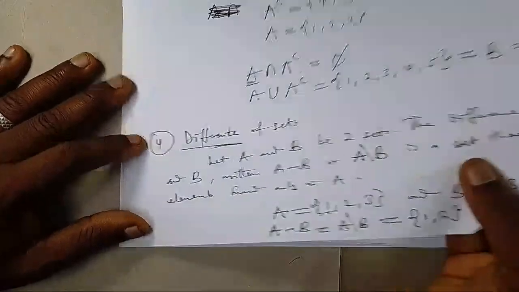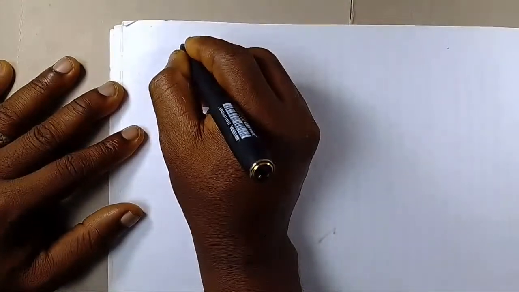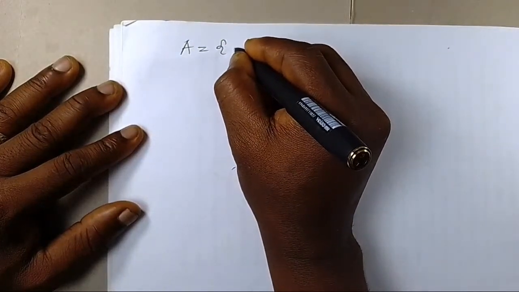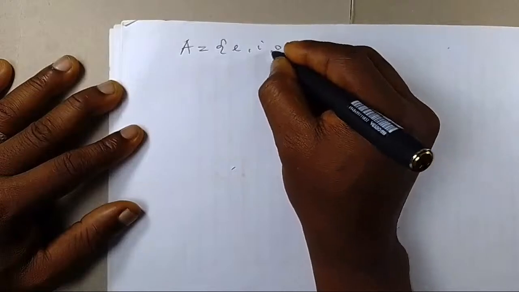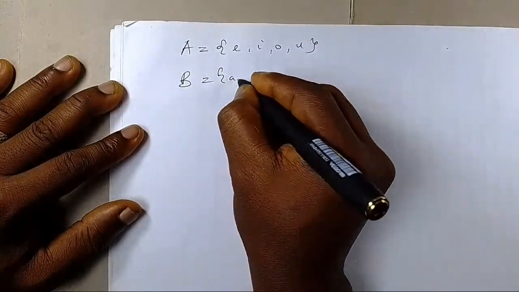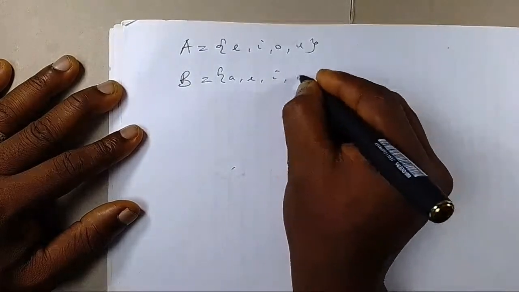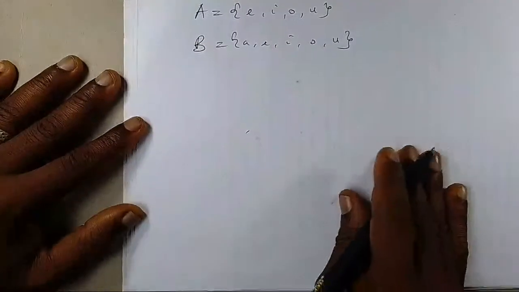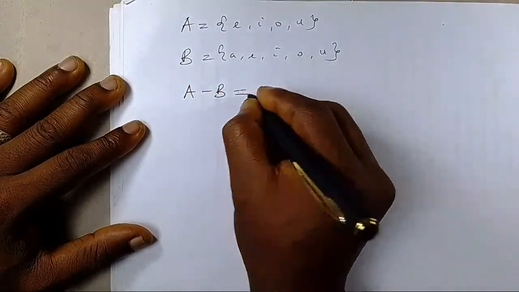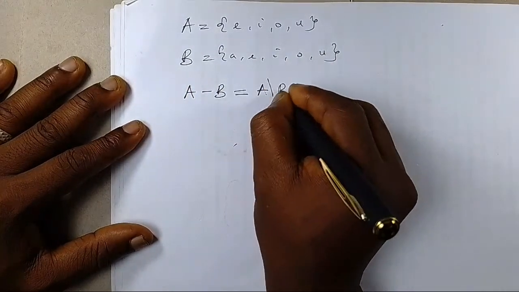Let's take another example on that, and I'm going to tell you something you need to know about that set. So if I have a set A that contains E, I, O, U, and I have another set B that contains A, E, I, O, U. Now, the question is, class, what is A minus B, also written as A backward slash B?